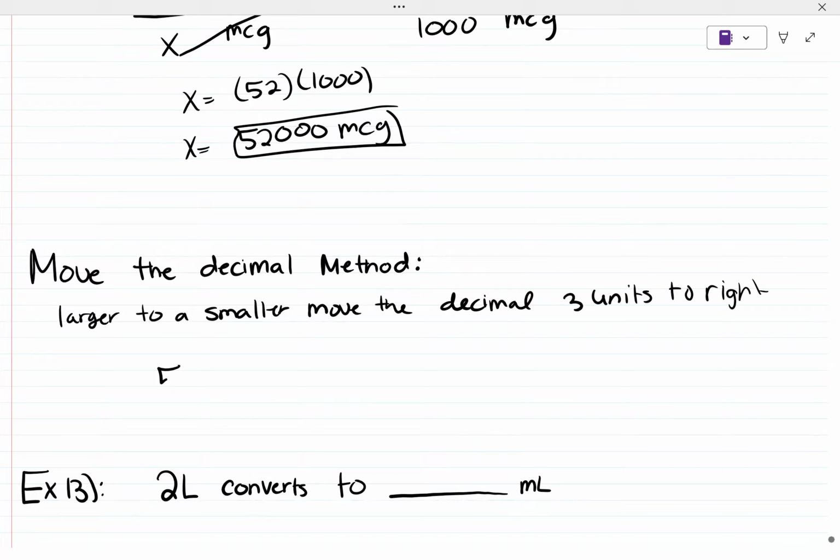So yeah, we were given 52. Here's the decimal, so move it three places to the right. You get 52, 1, 2, 3.